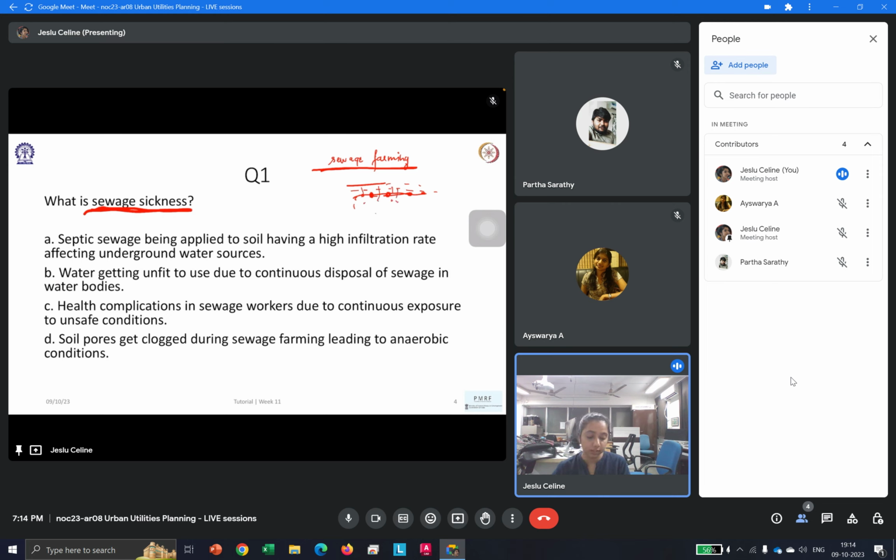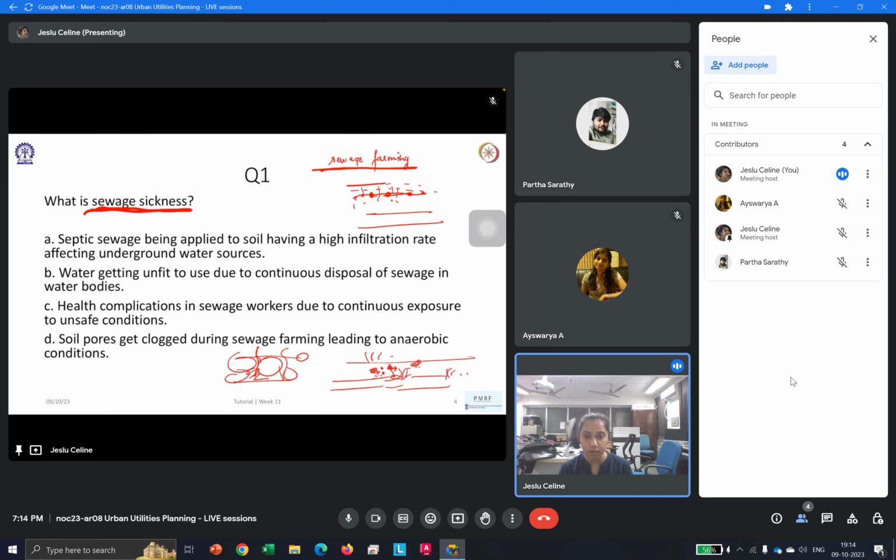Or in case you're using an underground pipe in the farmland and pumping in bad water which has a lot of impurities, we learned about different types of soil. You will have porous soil, and you need this porosity for water to penetrate. The waste particles or impurities in the effluent that we're using for sewage farming clog these pores.